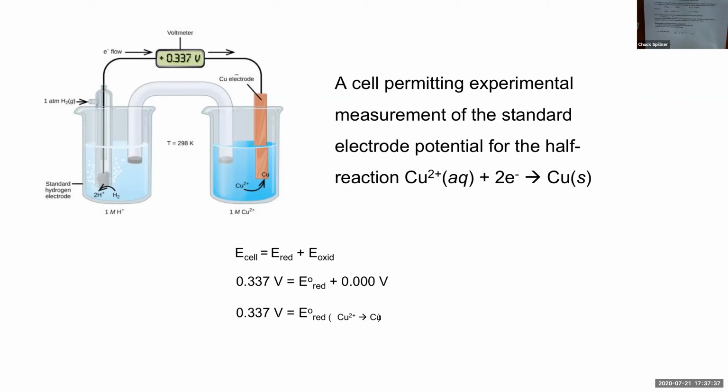Well, we could figure out what the silver half reaction potential is. Once you know one of them, and you have a way to measure the voltage with a voltmeter, you can calculate the other one.